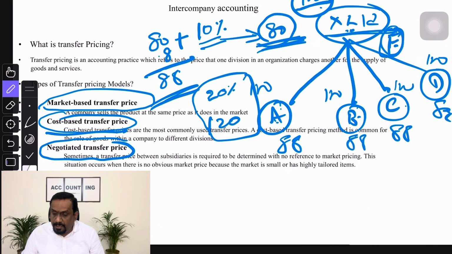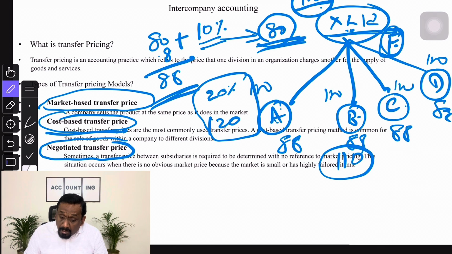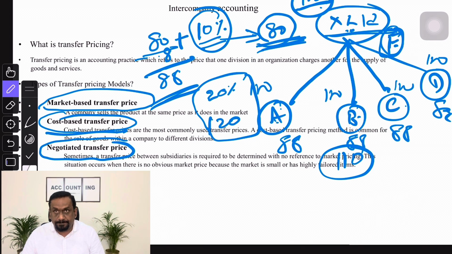And B person, in Tamil Nadu, said, I'm sorry, I cannot sell it for 120 rupees in Tamil Nadu, so I can sell only for 110. So please don't charge 20%. So accordingly, it will have discussions with all the subsidiaries, negotiate and come to a conclusion at what percentage it has to charge. The percentage will be charged on the cost and the product sent at the respective price. That is called negotiated transfer price.